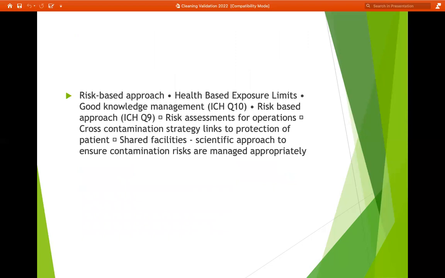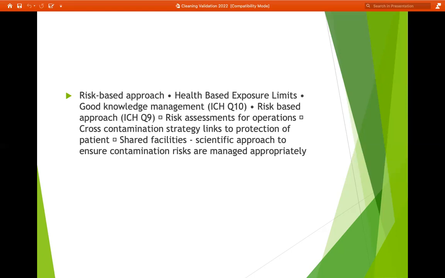The last aspect is the risk-based approach. During cleaning validation, there are health-based exposure limits, good knowledge management, that is ICH Q10, which you can read, and the risk-based approach, that is ICH Q9, risk assessment for the operations, cross-contamination strategies.